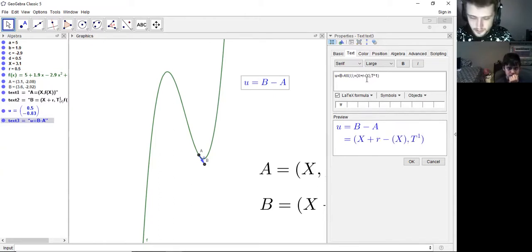T1 f, in parentheses, we have r, f of x plus r minus f of x, and that's equal to, in parentheses, r comma D underscore 1 of f evaluated at x. There you go.